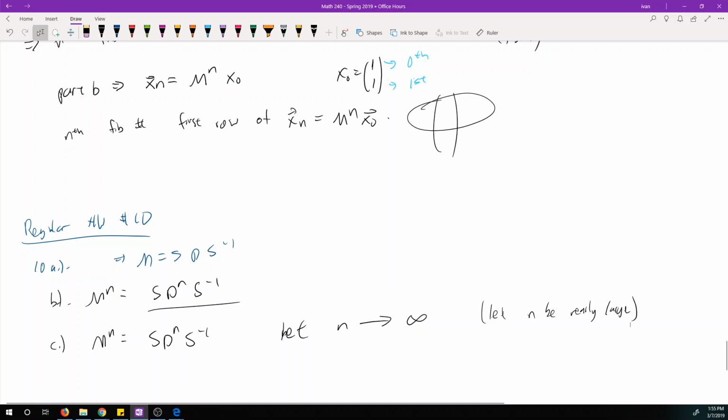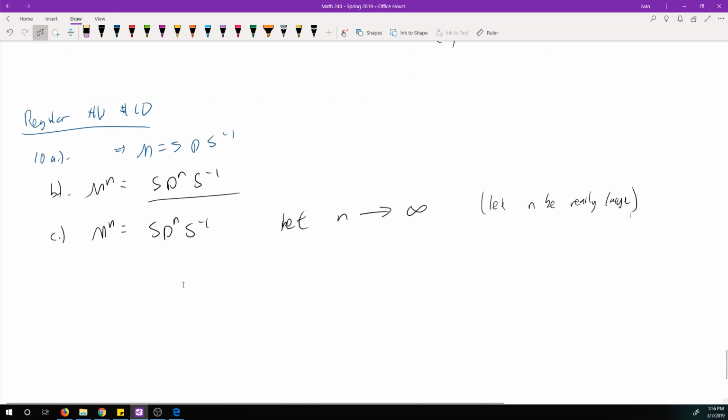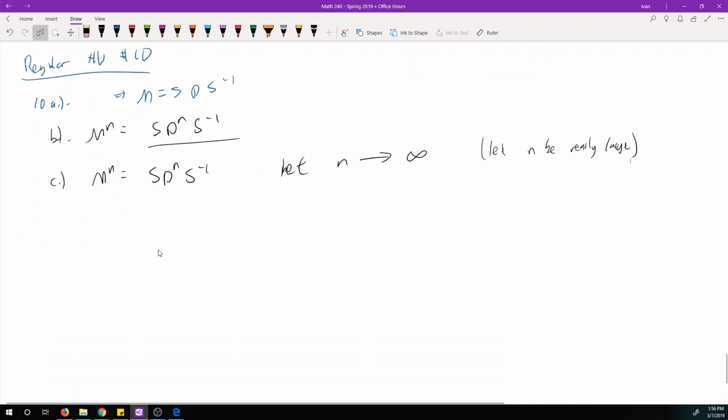is the following. So xn is the fraction, this is an, bn, cn in the nth generation.